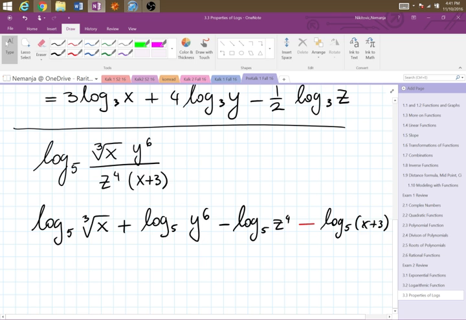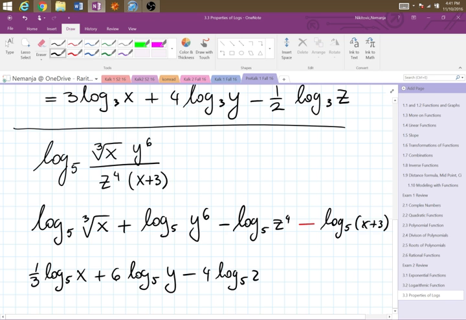Yeah. So now we have 1/3 log base 5 of x plus 6 log base 5 of y minus 4 log base 5 of z, and finally it's just minus log 5 of x plus 3. Guys, x plus 3 cannot be broken apart because our formula only works over factors, not over addition or subtraction.